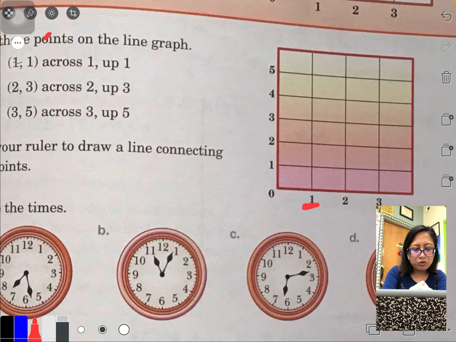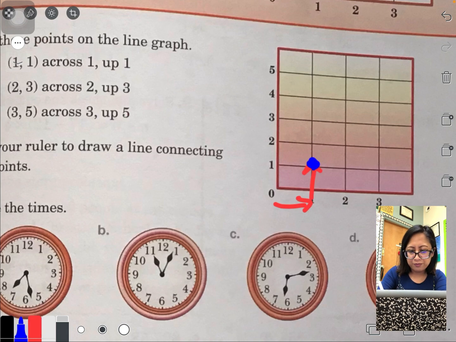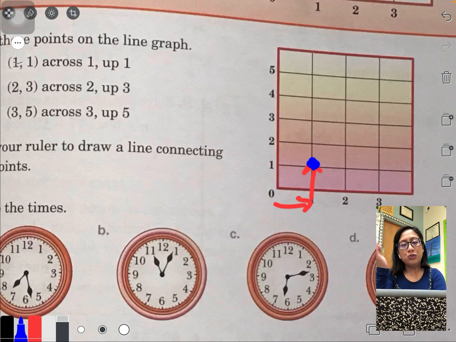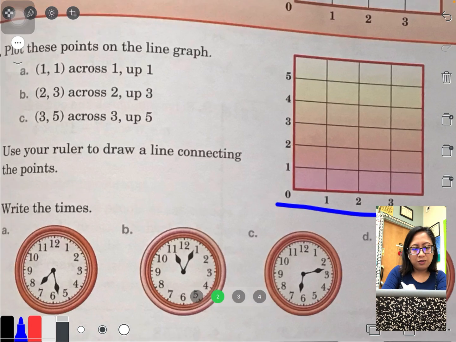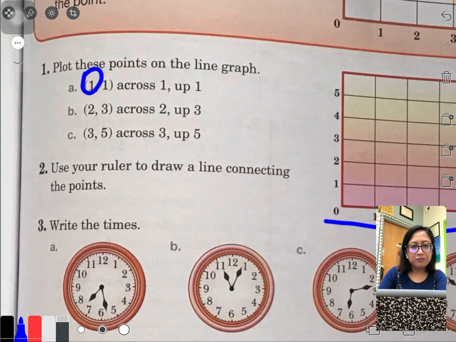And then you see the second one right there? You'll go up 1. So you'll go 1 right here, and then up 1, and that's where you put your dot. Okay, now I know it might be confusing, I'm sorry, especially since you need to know where to go first. You always start at the bottom first. You always start here first. That's right here, right?